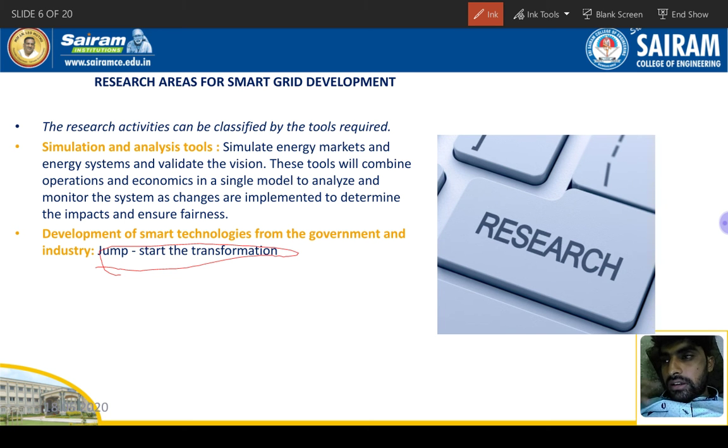Being electrical engineering students, you must have some goals through the government electrical companies. There are many research areas: Central Power Research Institute, and the private sector PRDC, and many research centers.